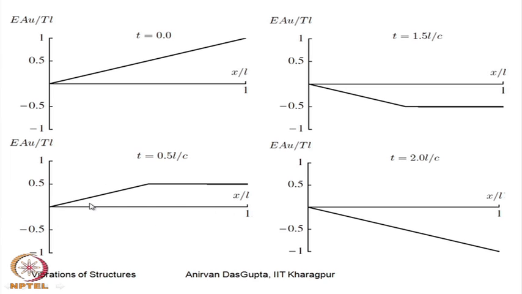So, it still goes and compresses against the wall, and then there is a compression generating in the bar, and that compression is complete at 2 L over C. So, as you can imagine, there is a propagation of this compression wave, as it is usually known, compression and tension wave, that progresses in the bar and reflects back and forth, and that way the bar is vibrating.